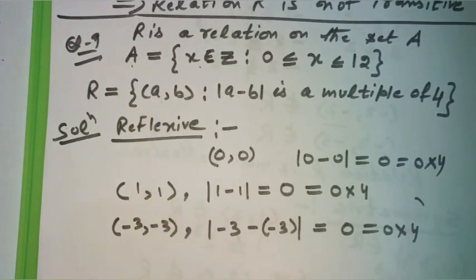That means you have an infinite set, so you cannot prove it for an infinite number of ordered pairs. In that case you need one general proof. So whenever you have to prove that it is reflexive, symmetric or transitive, the proof has to be general, and in case you have to disprove, it is enough to give just one example. So let us prove it.